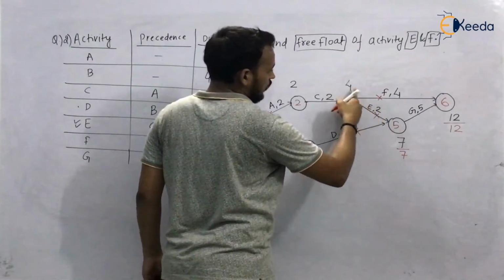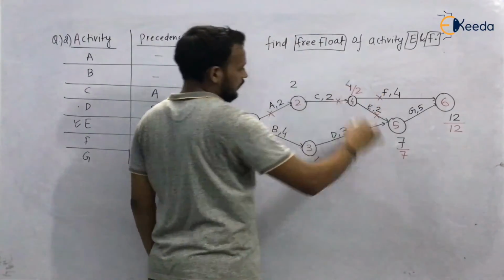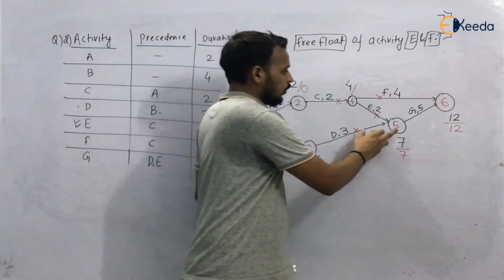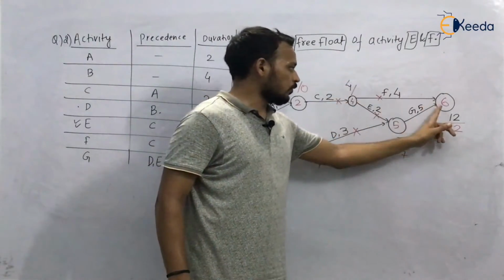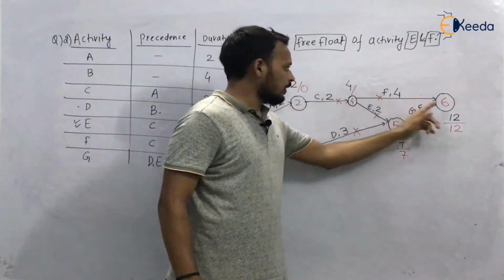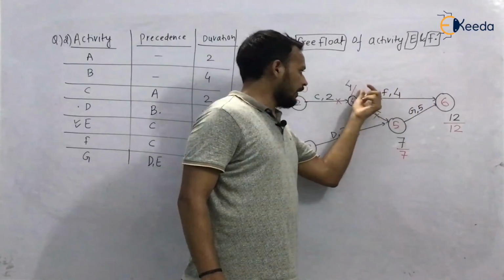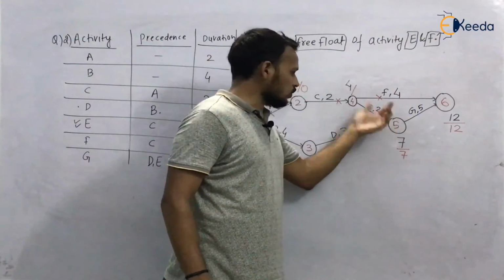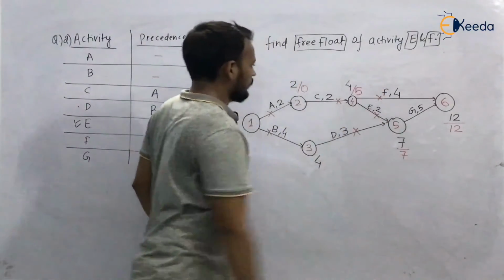There are two ways possible, from 6 to 4 via activity F, and from 5 to 4 via activity E. So from 6 to 4, 12 minus 4, 8, and here 7 minus 2, 5. 5 is minimum, so right here 5.